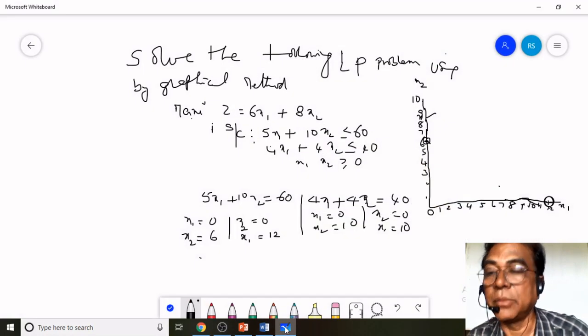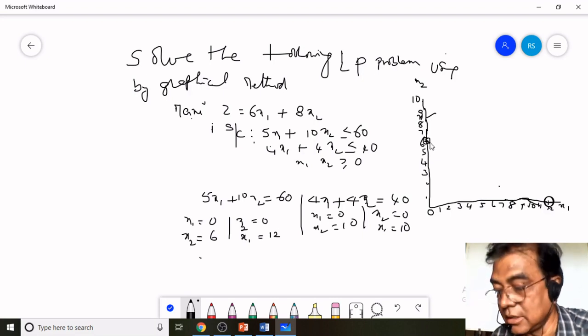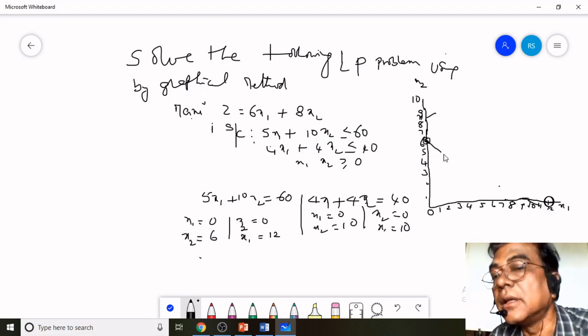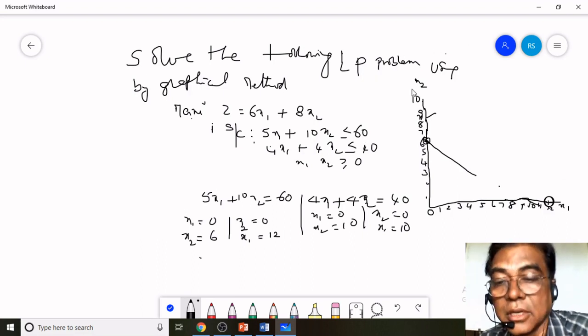Now, it is better to go from a graphical point of view. Join these 2 points, because for the first equation, x2 is equal to 6, x1 is equal to like this. Take the values like this.